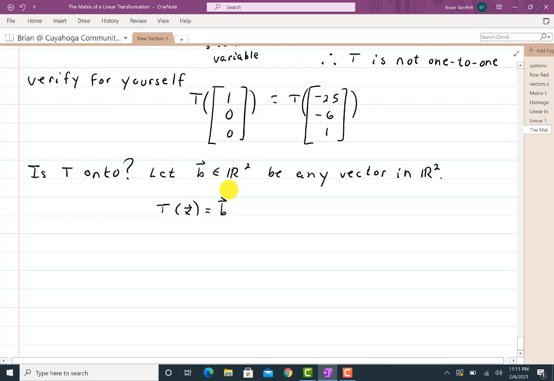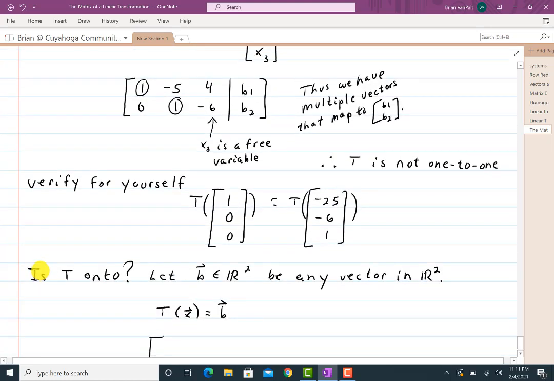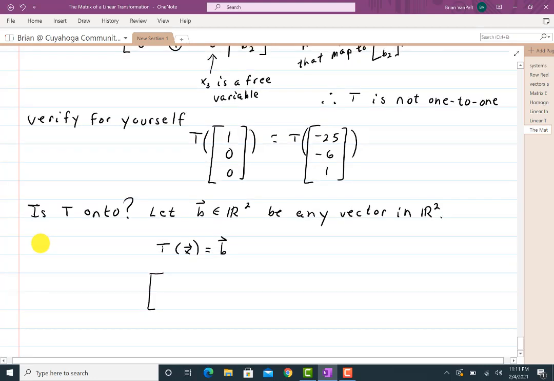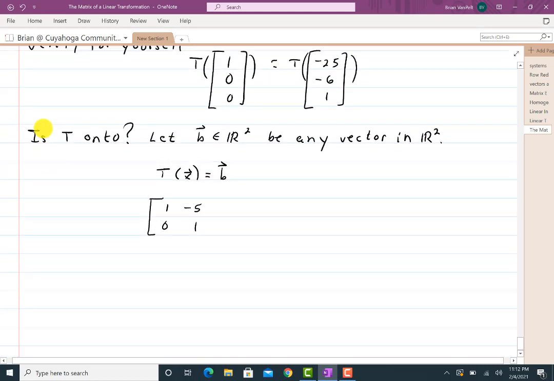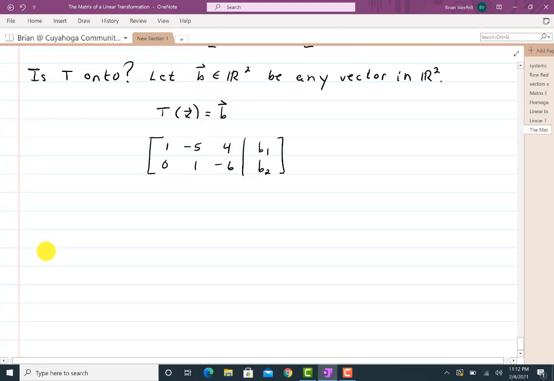And of course, let me go ahead and put in my augmented matrix again. That was 1, 0, -5, 1, 4, -6, and let's go ahead and do whatever row operations. Well, there's really only one that I can do to achieve echelon, and that is to take out this -5 here.